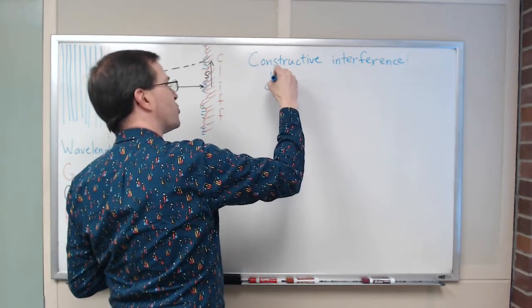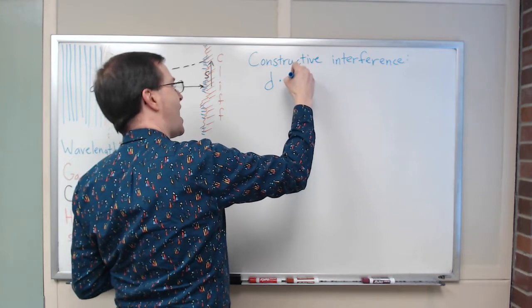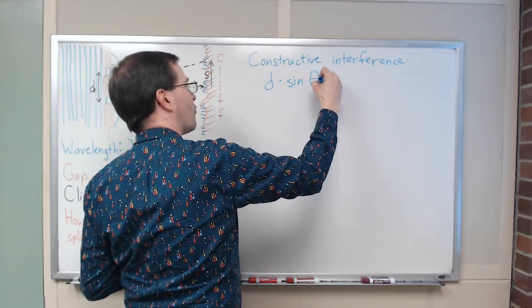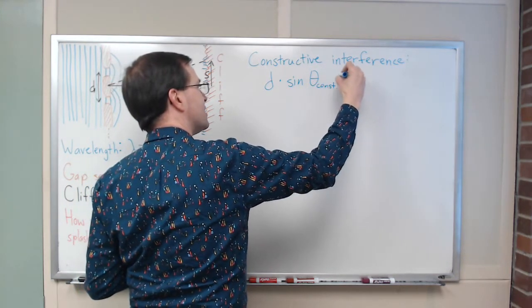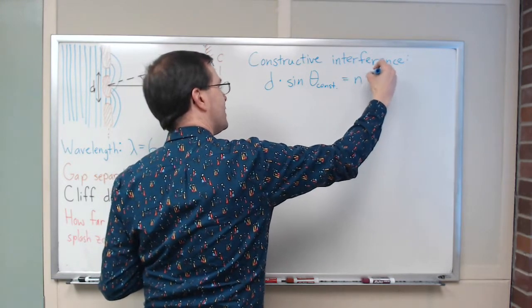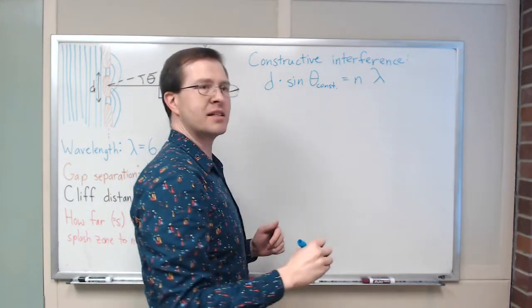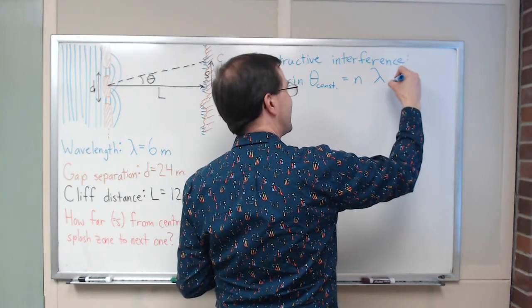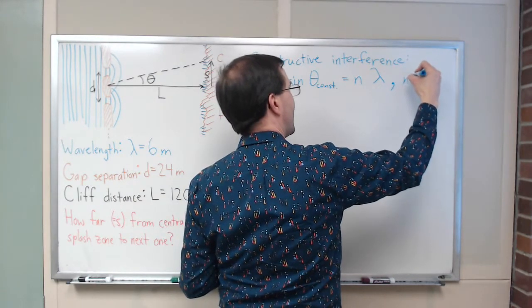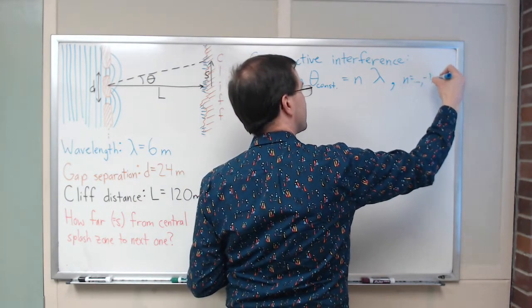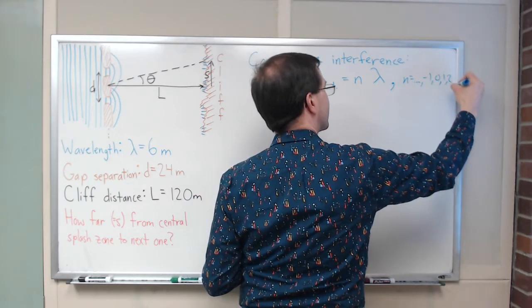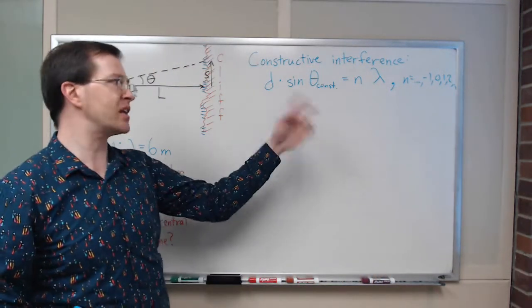The distance between the sources times the sine of an angle for constructive interference is going to be equal to n times lambda, n times the wavelength, where n is any integer. n could be -1, 0, 1, 2, and so on. Any integer, positive, negative, or 0.